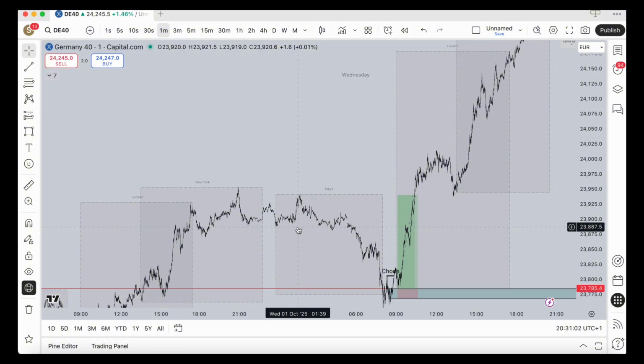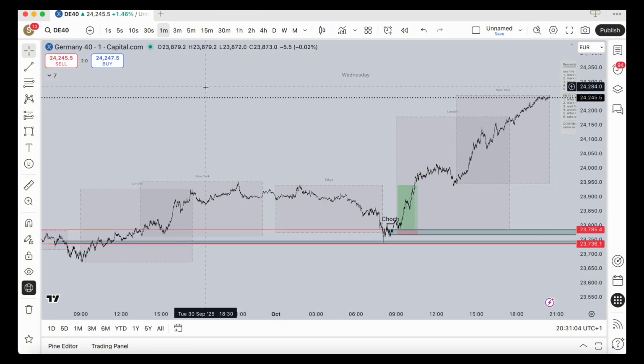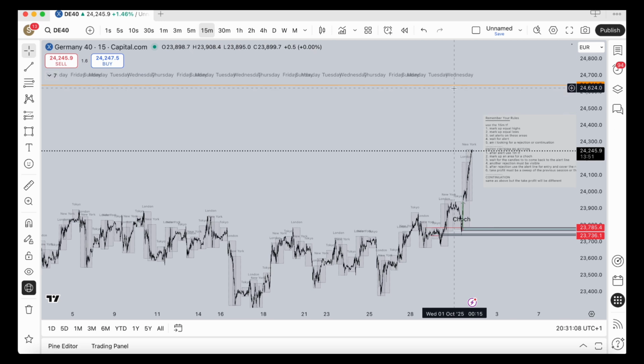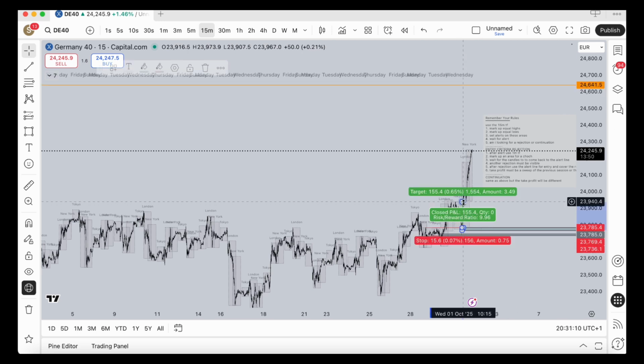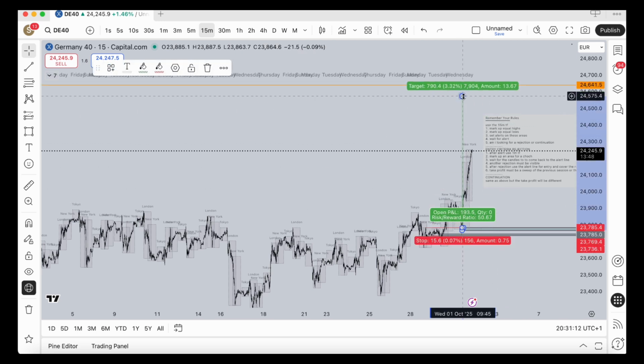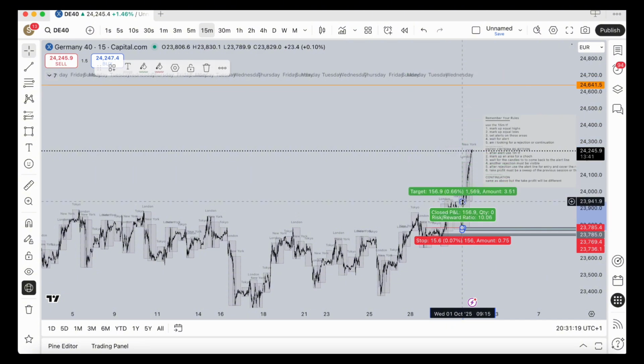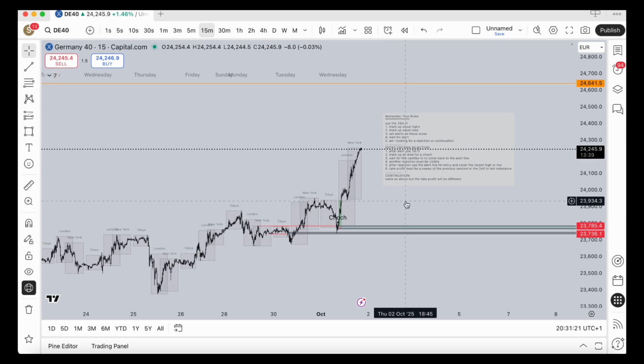This is a monster trade. I've got a feeling this is going for the all-time high, which is right here. If this expands all the way up there, 55% trade. Unreal.